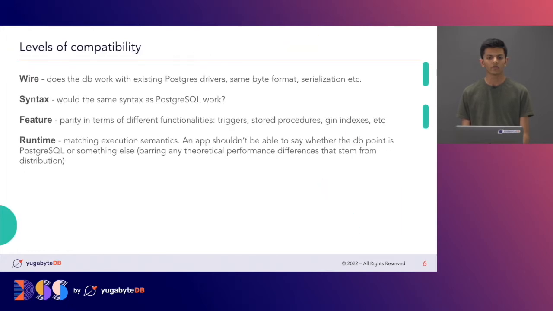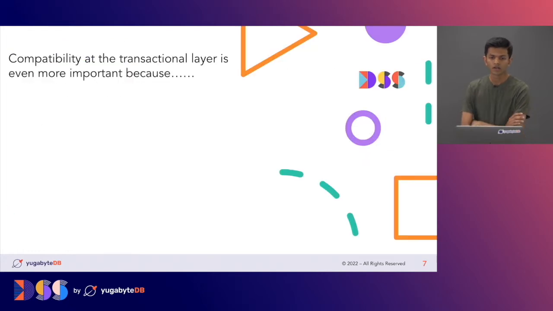So moving on, compatibility at the transactional layer is even more important because of certain aspects, right? You could get away without compatibility in some scenarios by changing your app, but this is even more important because ACID transactions themselves are very tricky, right?